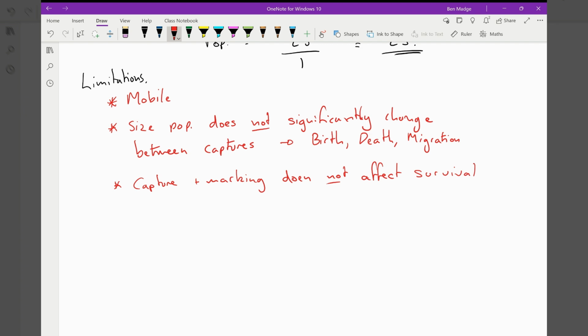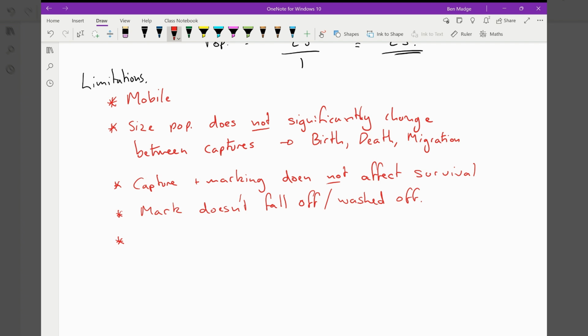So you don't want to put a massive, great big neon flashing light on something because it's going to get eaten and that's going to affect your results. And related to this, the mark doesn't fall off or get washed off. So it does have to be appropriate. You might need to test this just to make sure that what you're using is appropriate.